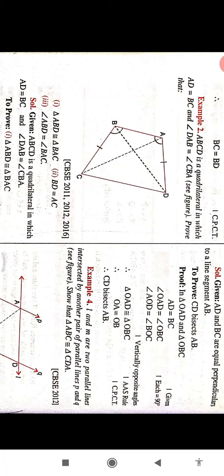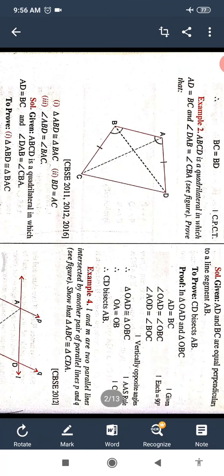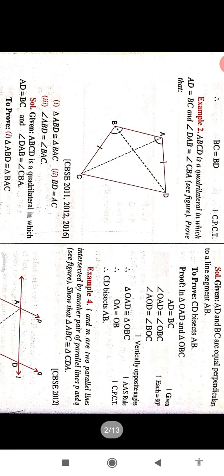So we have to prove three results: triangle ABD congruent triangle BAC. Second result, BD equal to AC. And third, angle ABD equal to angle BAC. These three results we have proved.